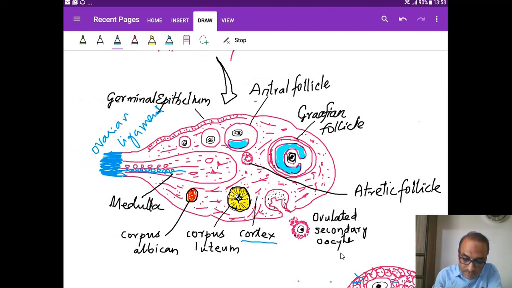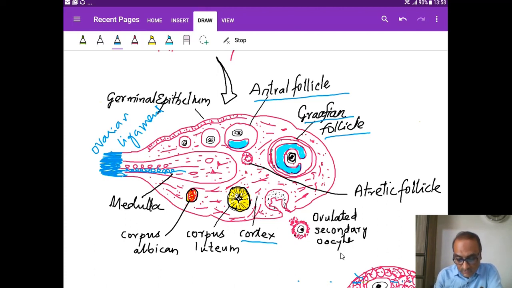Two of them are labeled here, antral follicles and Graafian follicles. The Graafian follicle is the largest and fully grown ovarian follicle, and the other follicles, which are smaller, are growing ovarian follicles. We'll take up the different types of follicles later.